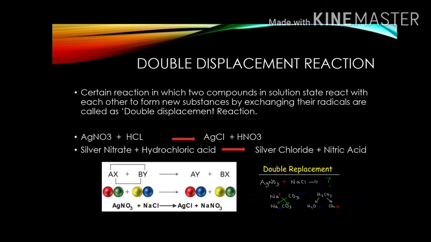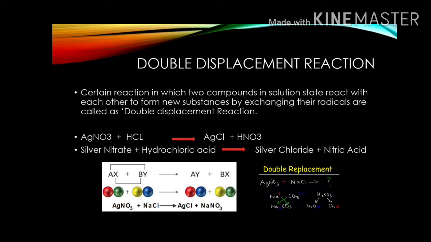Then next comes double displacement reaction. A reaction in which 2 compounds in solution state, just pay attention, in solution state react with each other to form new substances by exchanging their radicals is called double displacement reaction.